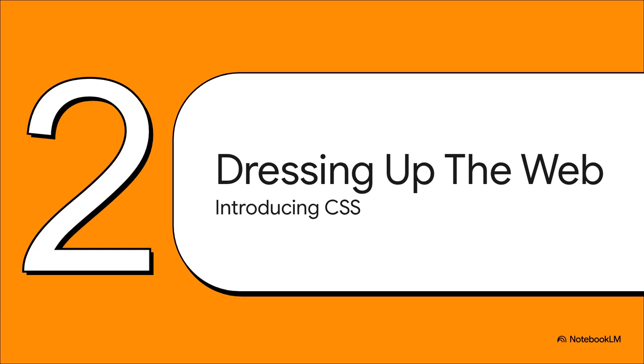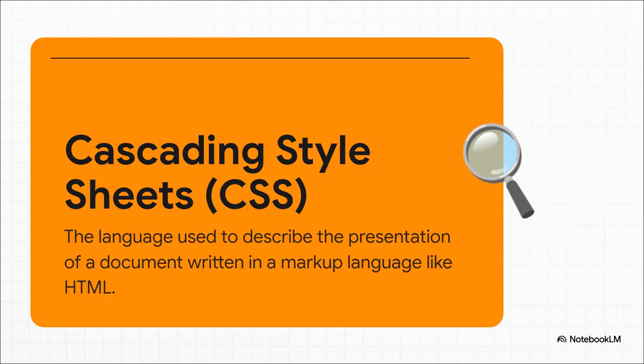Okay, so if HTML is our skeleton, we've got to talk about the clothes. What is this styling language exactly, and what does it actually do? It's called Cascading Style Sheets, or what everybody calls it, CSS. Its whole job, its entire purpose is to control the look and the feel of that HTML content.